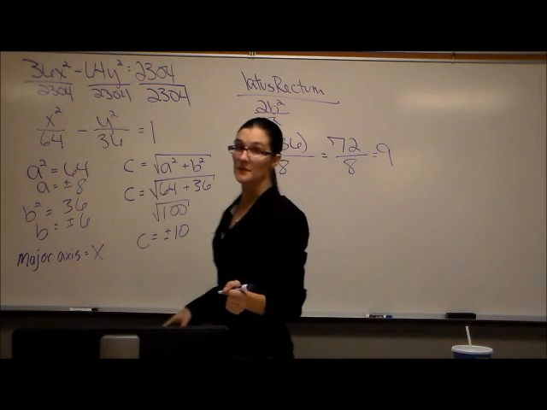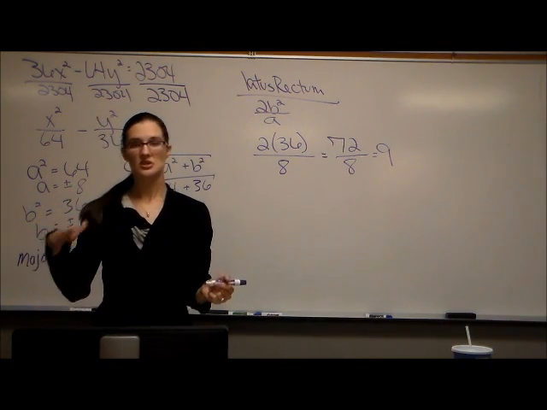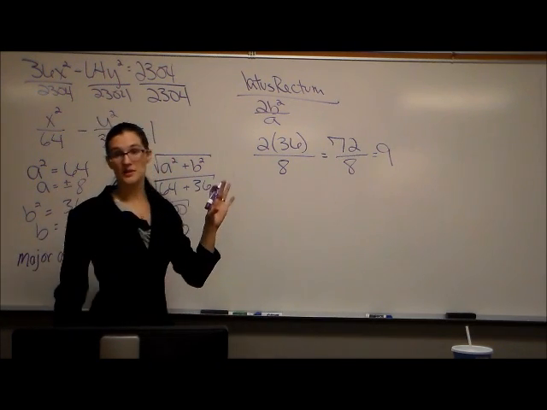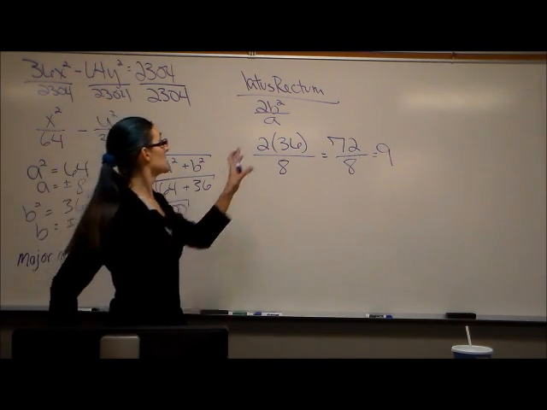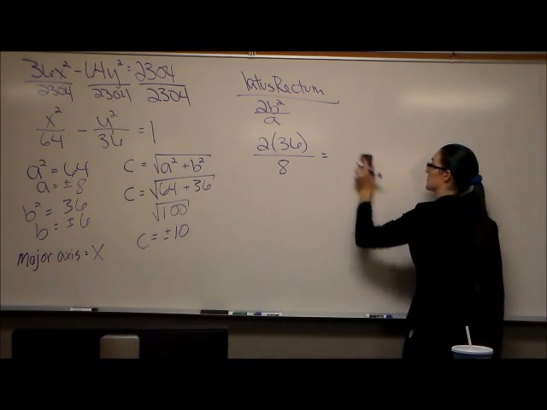Now the reason we're not worrying about the plus or minus is because we're not doing a directed distance. We're doing just a normal distance, and normal distances are all positive. So that's why we left the plus or minus off the 8. So the length of your latus rectum is 9. I'm going to write that down below it so I have more room.